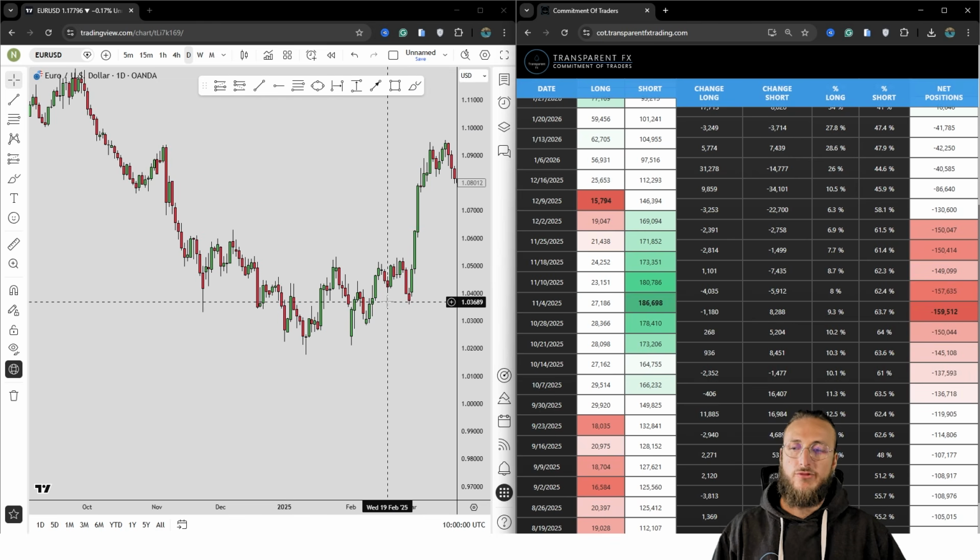Now, let's look at a different situation. Here, positioning is already very stretched in one direction, so we are very negative. And this is exactly where a lot of people become lazy. So they see, for example, a strong bearish positioning, and they think that automatically means the move is healthy.